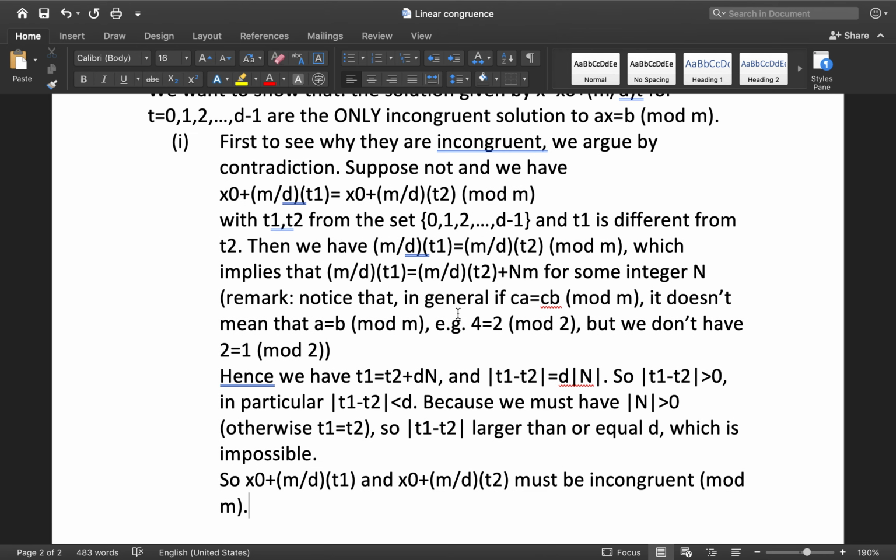Now the second part is what? We still have to show if you have some other solution, then that solution must be congruent to some of those members. Okay, so let me do it.